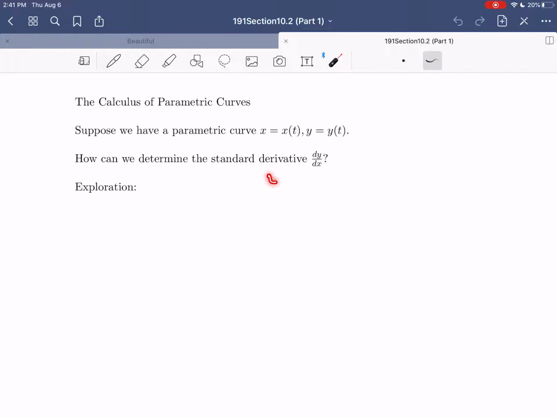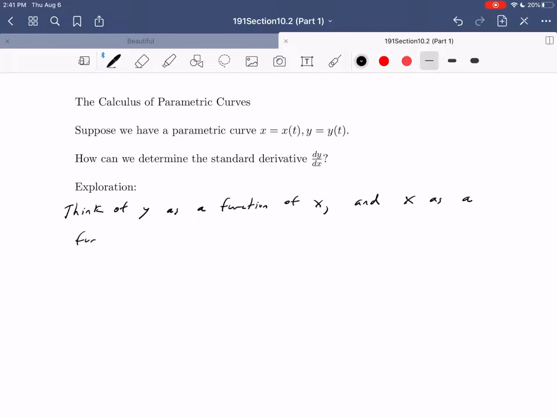Now, of course, that's a tricky question because we know that x and y are both based on this parameter t, yet the derivative we want to understand is how y changes as x changes. So let's explore how we would examine this. The main idea is we're going to think of y as a function of x and x as a function of t.